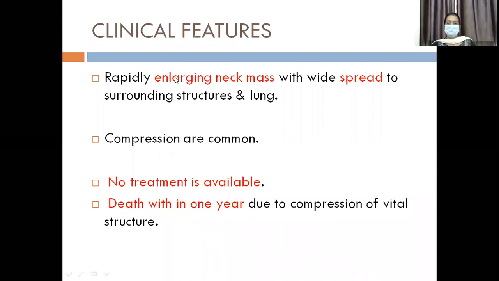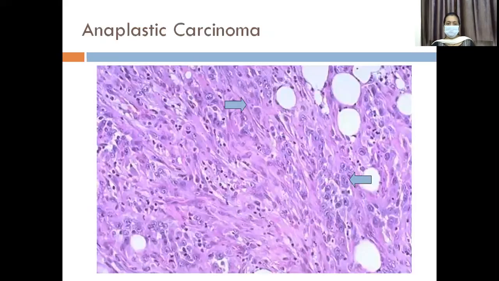So here we see a rapidly enlarging mass, and compression of surrounding structures is common. No treatment is available. As I told you, these undifferentiated carcinomas are very aggressive and death may occur in just one year. So this is what you typically see. See these cells.